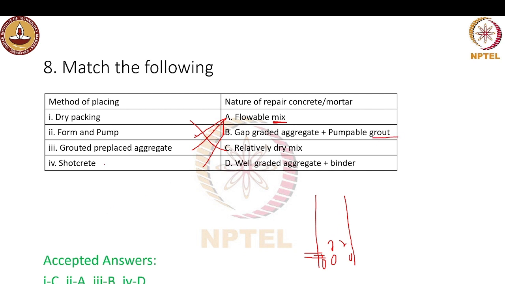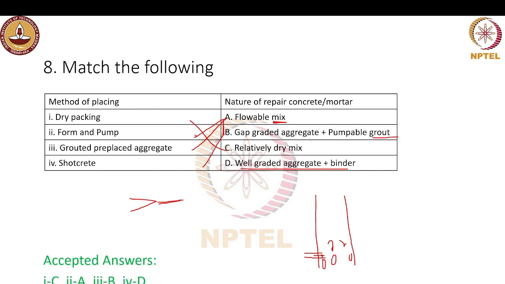And shotcreting, how are we doing shotcreting? We are pressure pumping it. In a pressure process, we should have well graded aggregates and binder only. And pumpability should also be there. Pumpability should be there.